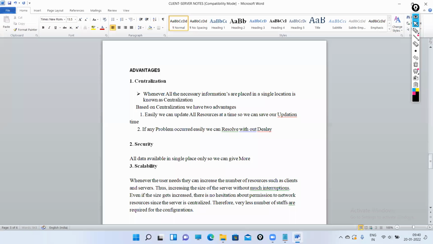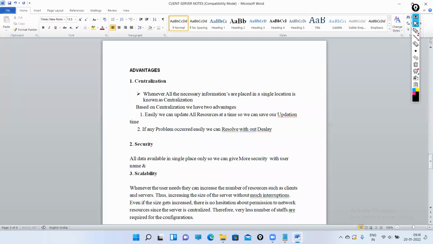More security with what, madam? With username and password. This is security. Next, we can give access only.